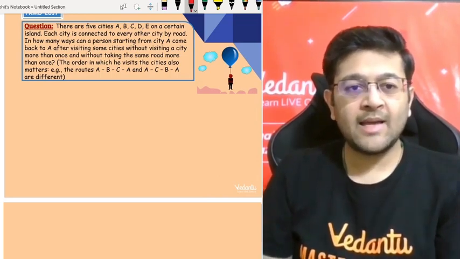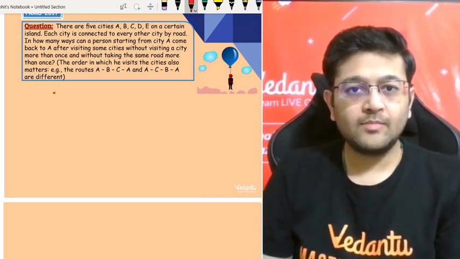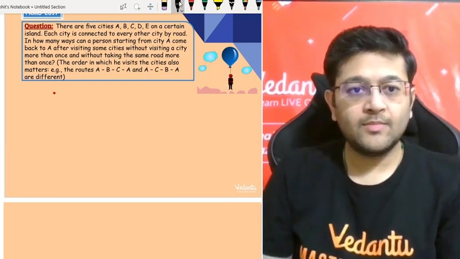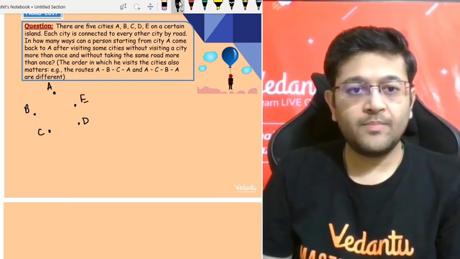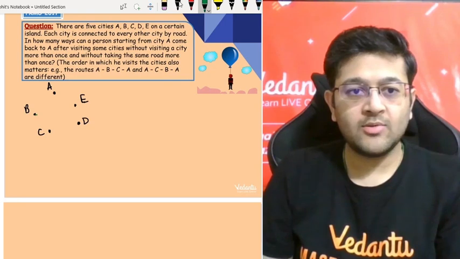So let's draw a general diagram. A, B, C, D and E. Let's name them A, B, C, D and E. So every city is connected to the other, right? Let's join them also.